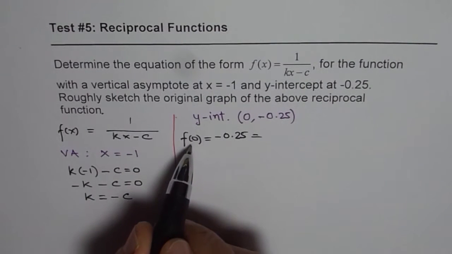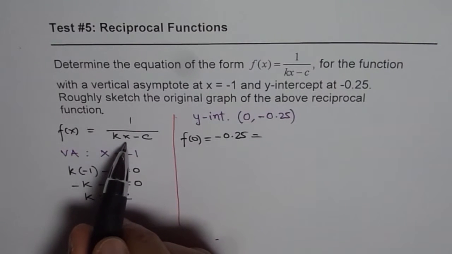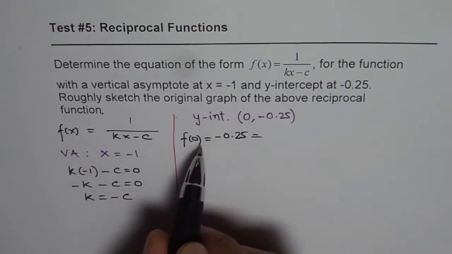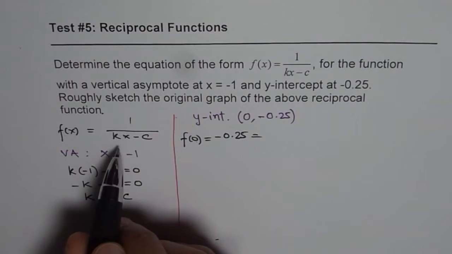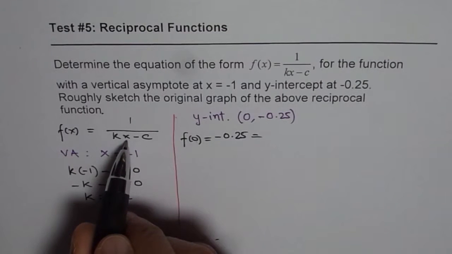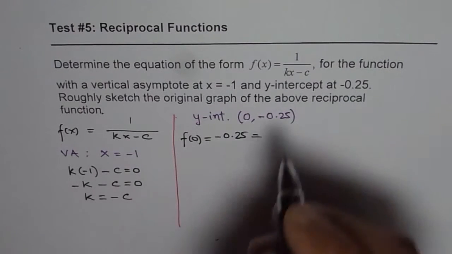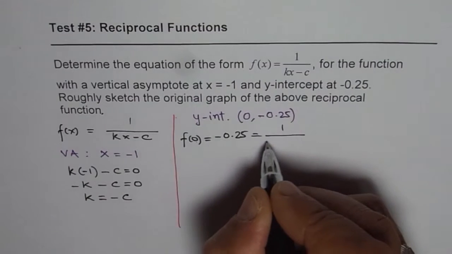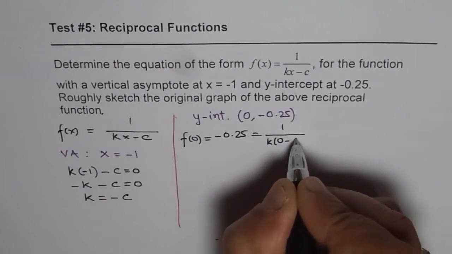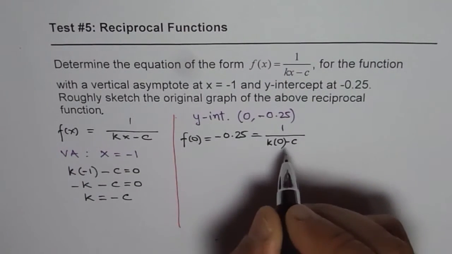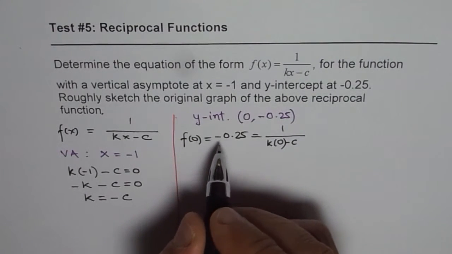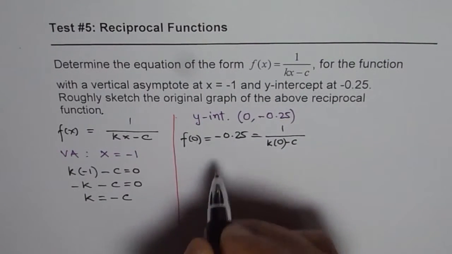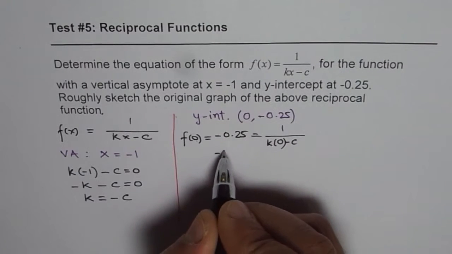We need to replace x with 0. So f of 0, when x is 0, will be equal to 1 over k times 0 minus c, which is, in fact, we can write this as minus 0.25. It's good to write it in fractions.